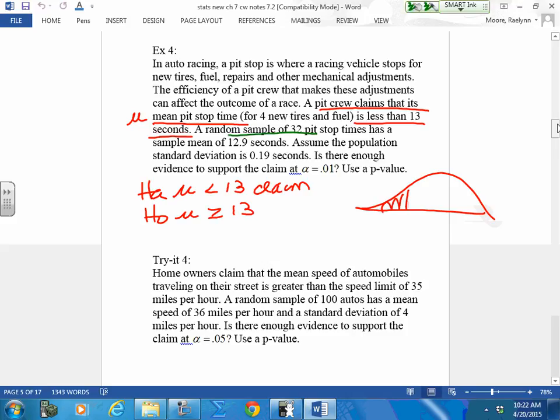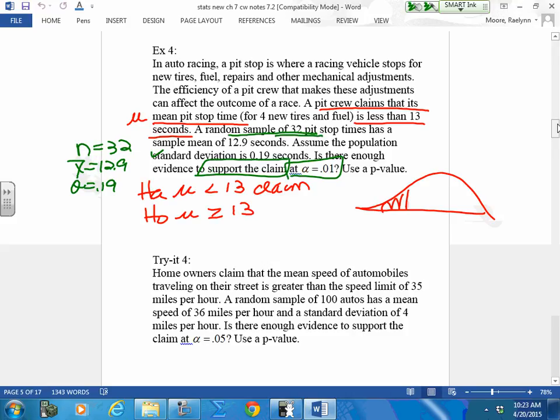A random sample of 32 pit stop times has a sample mean of 12.9 seconds. Assume the population standard deviation is 0.19. Now, is there enough evidence to support the claim at a level of significance of 0.01?